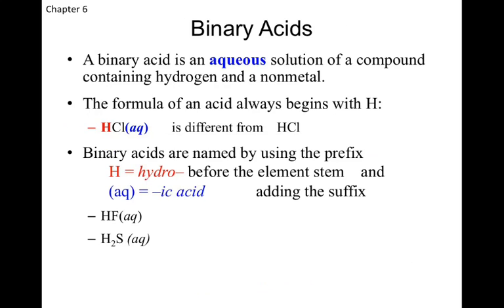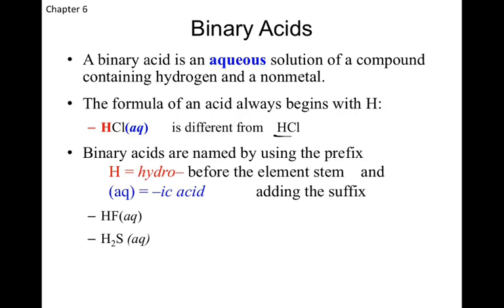Binary acids. A binary acid is ultimately an aqueous solution of a compound containing hydrogen and a non-metal. Okay, so we've seen these before. We'll always begin with our hydrogen. So we've got our H, and then there's one extra piece of information there, is that it says aq afterwards, specifying the phase. This is different from the compound shown there to the right, where it says HCl.